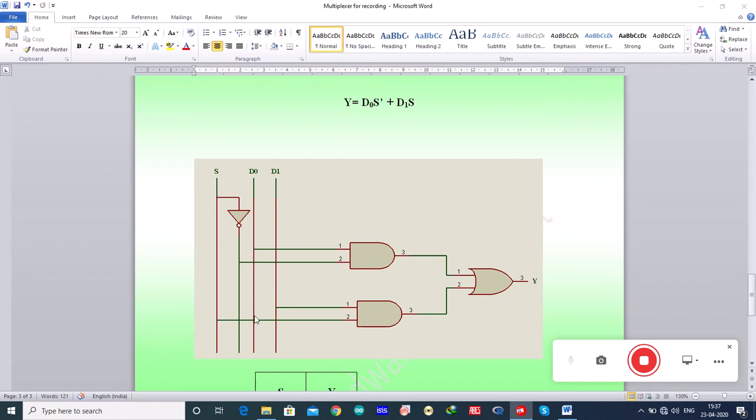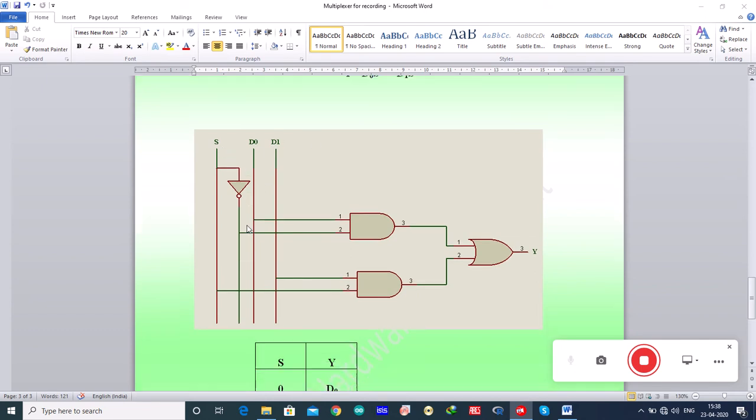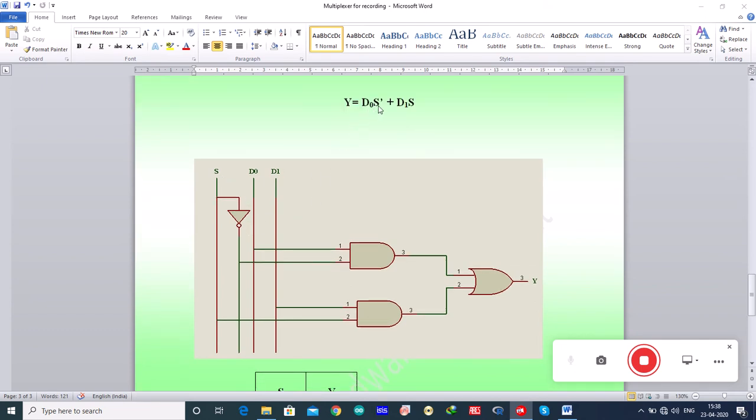2 inputs D0, D1 and 1 select line, and as you have S complement here, I have taken the inverter in order to get the complemented S, that is S complement. You have D0 into S complement. D0 into S complement means you will be using an AND gate, and D1 into S another AND gate.